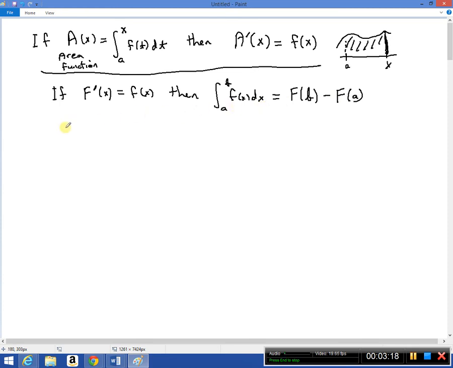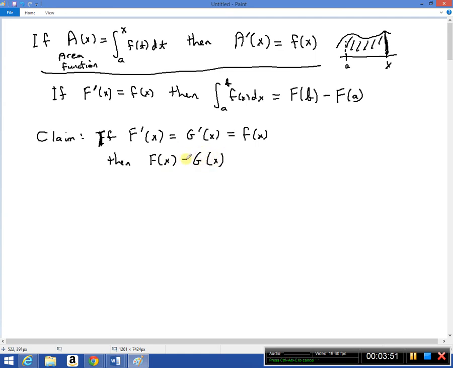And I need to prove a certain little claim here. And my claim is this, that if you have any two antiderivatives, if F prime of x and G prime of x both give you little f, that means they're both antiderivatives, then actually capital F and G of x are equal to each other almost.